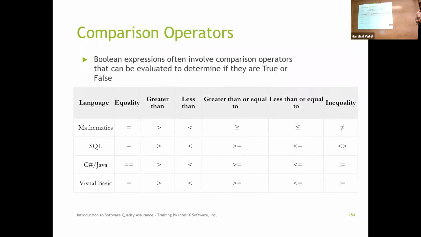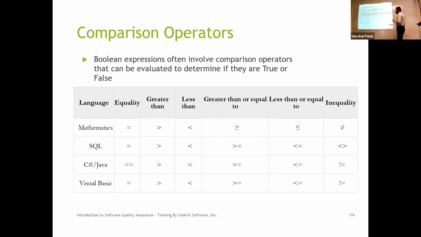The second set of operators is comparison operators, in addition to the assignment operators. The comparison operators try to compare the two sides, the left side and the right side, and based on whichever operator you use, it will give you an answer of either true or false.